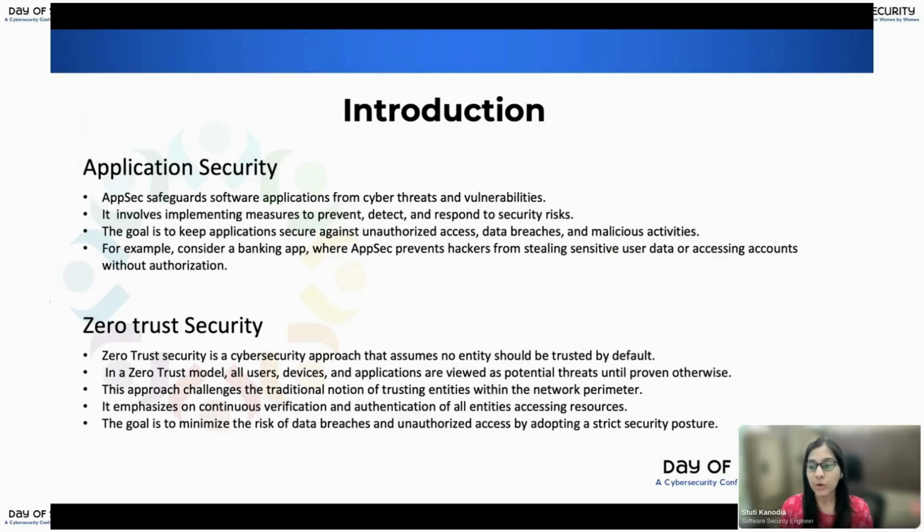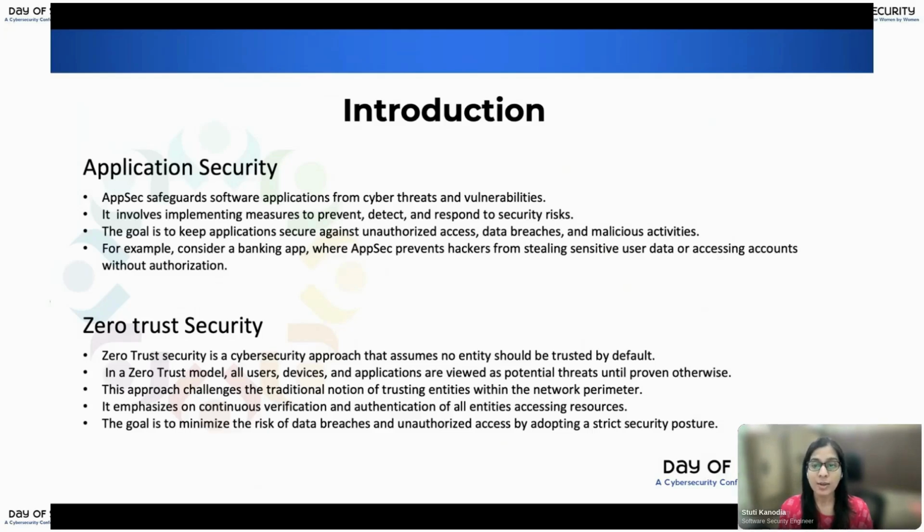Users, devices, and applications could all be treated as a potential threat. The traditional approach was that whatever secure perimeter we create within our network, whatever is inside that boundary, be it a user, device, or application, we trust.